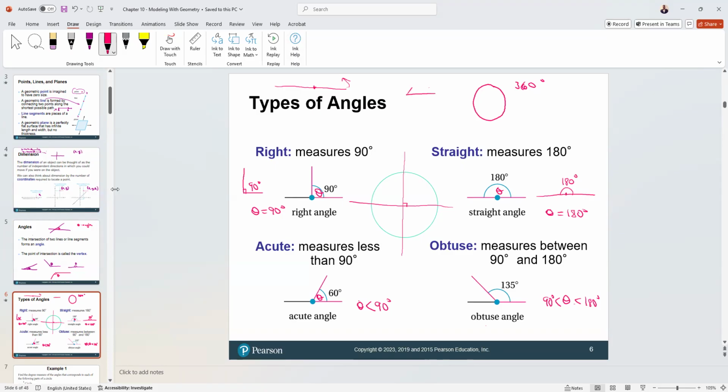Suppose this angle here is 60 degrees, for example. In the same way, I can have another angle like this one, where theta is negative 50 degrees. So here theta is 60 degrees.